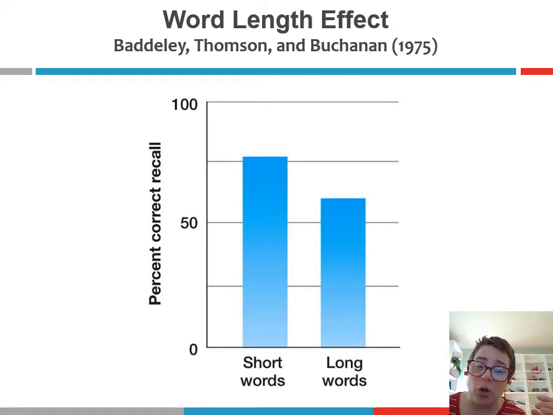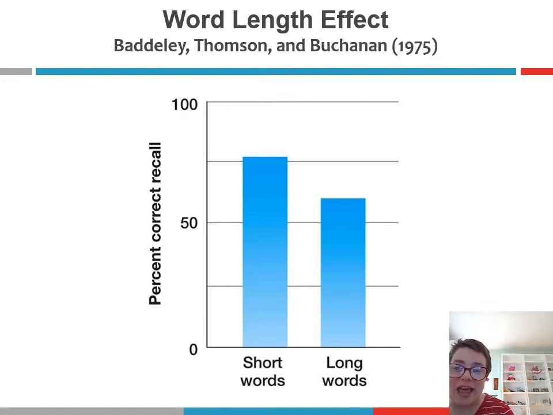So shorter words or words with fewer syllables are going to take less time to speak to yourself, and therefore you're going to be able to rehearse them more times than longer words, which take longer to say and therefore can't be rehearsed as much, right? So more rehearsal equals better memory, and shorter words literally don't take as much time to say, so they can be rehearsed more than longer words with more syllables, right?